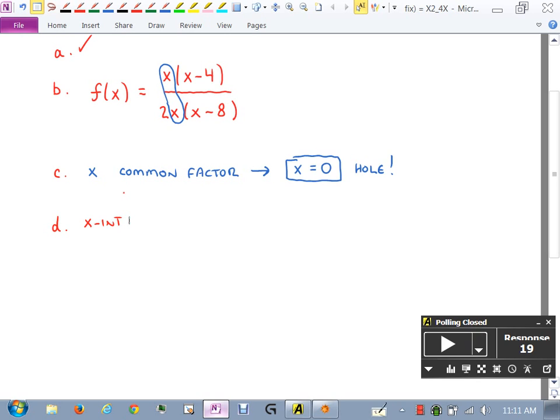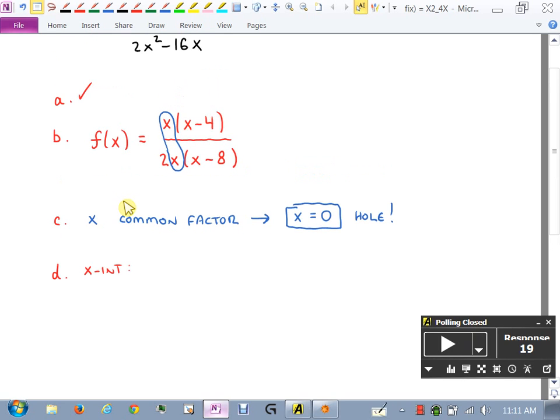That's the good question, right? Do we use the x or not? When we're setting the numerator equal to 0, what we want to imagine we've done is canceled those x's so that we're really just looking at this: x minus 4 over 2 times x minus 8. And here's the reason why we don't want to include the x.